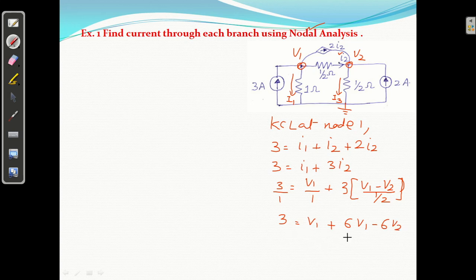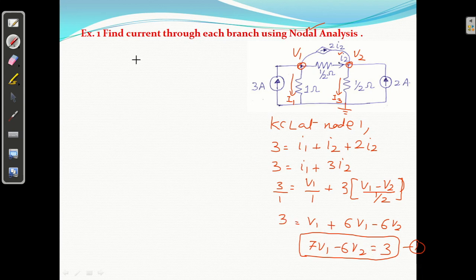If you solve this equation, you get 7V1 minus 6V2 equal to 3. This is the equation I am getting, equation number 1: 6 plus 1, 7V1 minus 6V2 equal to 3.